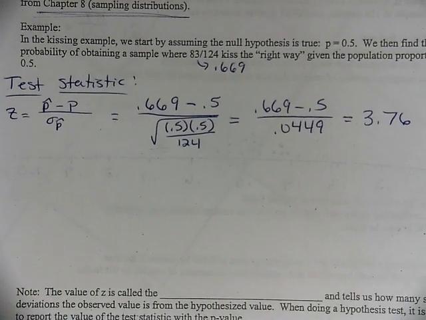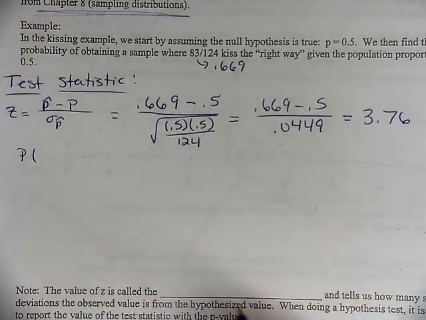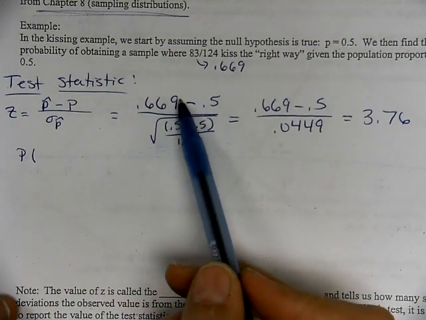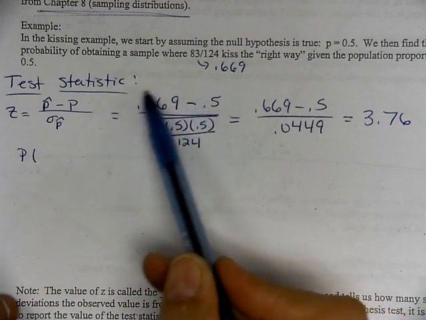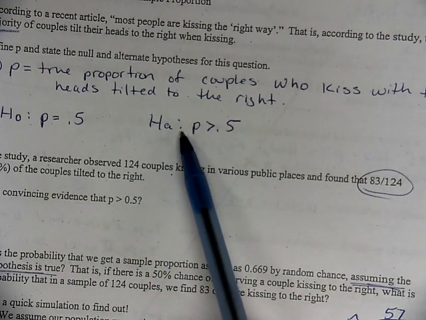Oops, sorry. So it's basically just finding a probability like you did in Chapter 8 and 7. So we're trying to find the probability that we get a z-score greater than this, because you're looking at what's the probability I would get this or more if we really think that our alternate here is that it's greater than 0.5.